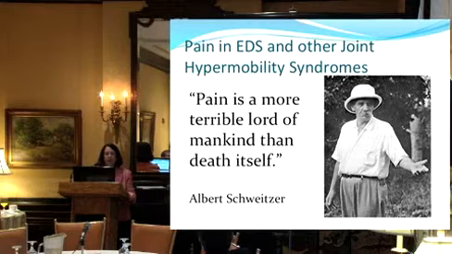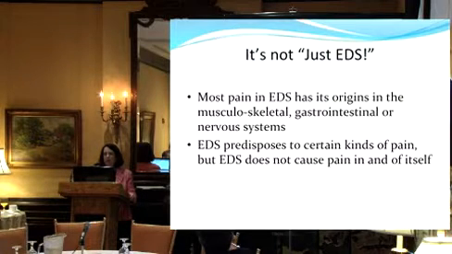Albert Schweitzer said that pain is a more terrible lord of mankind than death itself. And I think it's really important for us to get the word out that pain in Ehlers-Danlos syndrome is not just EDS, that the pain in EDS has its origins either in musculoskeletal, gastrointestinal, or neurologic dysfunction.